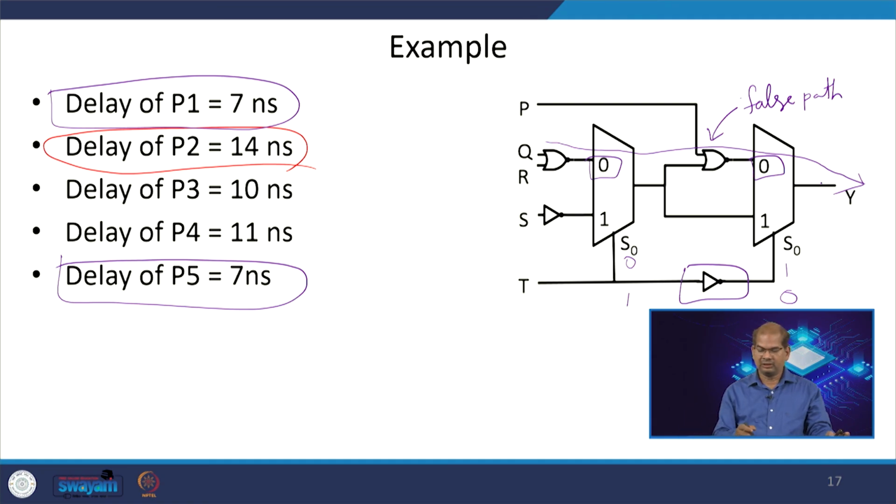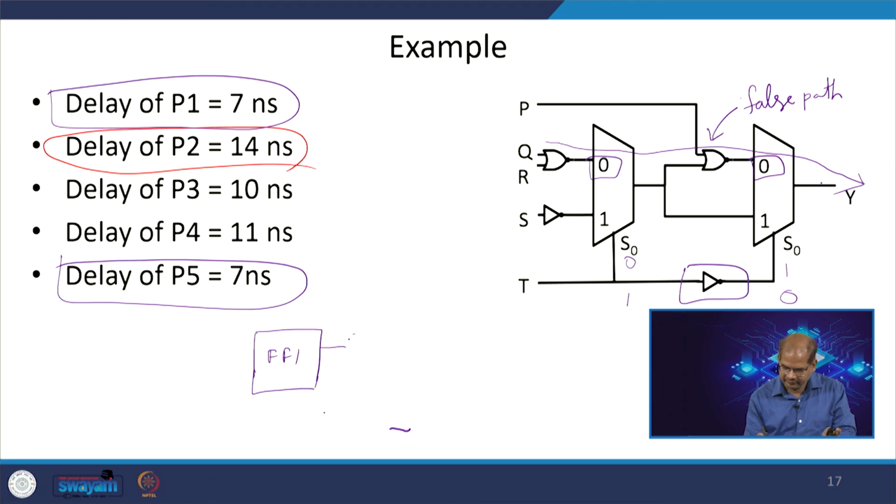Hold violation is not there because here we have not put any flip flop, but if we consider this circuit as combinational, let us say I have a flip flop 1, then this combinational design, then a flip flop 2.